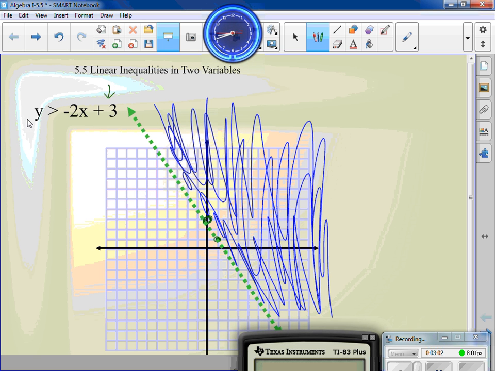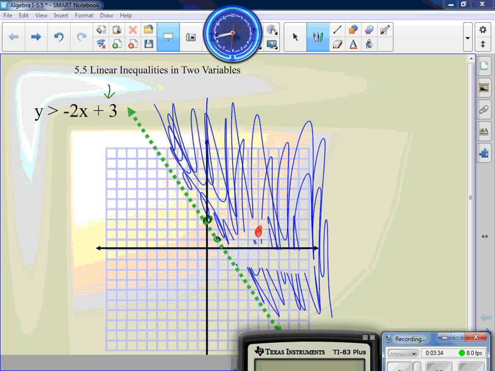What this means is, if I picked any number, let me just pick this point right here, 1, 2, 3, 4, 5.